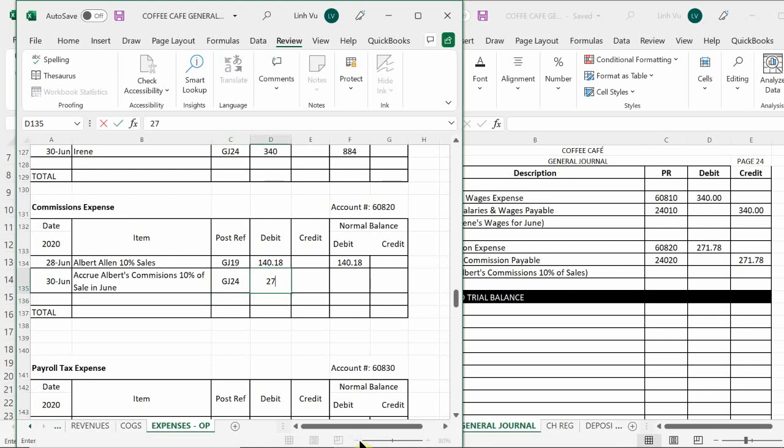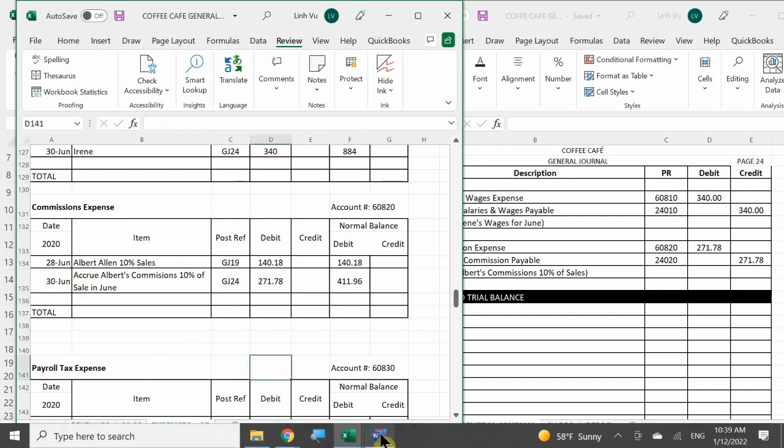And it was for $271.78. So what is my total ending balance in my commissions account? $411.96. $411.96. Okay.